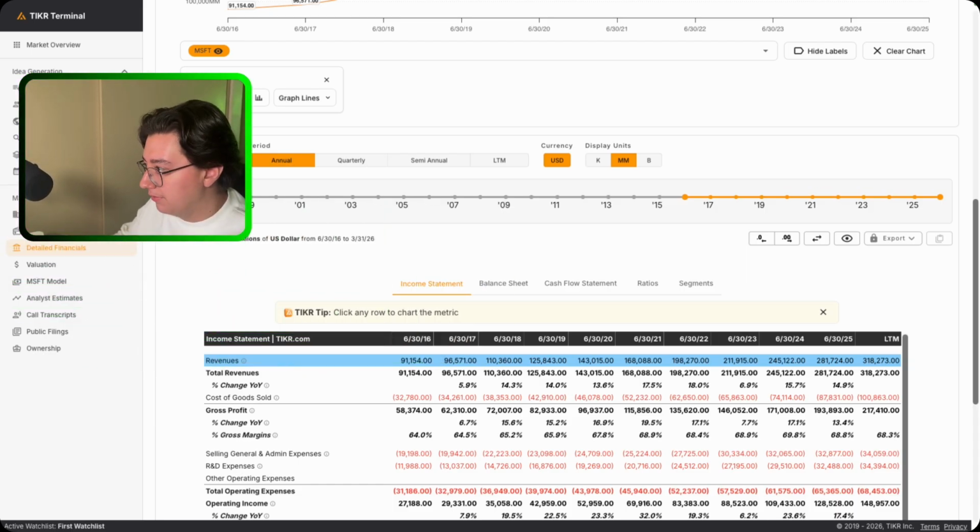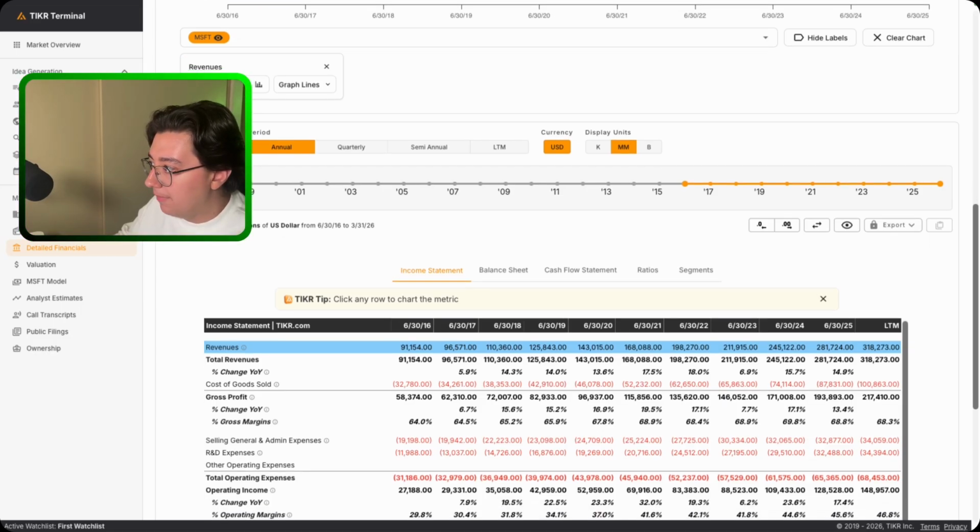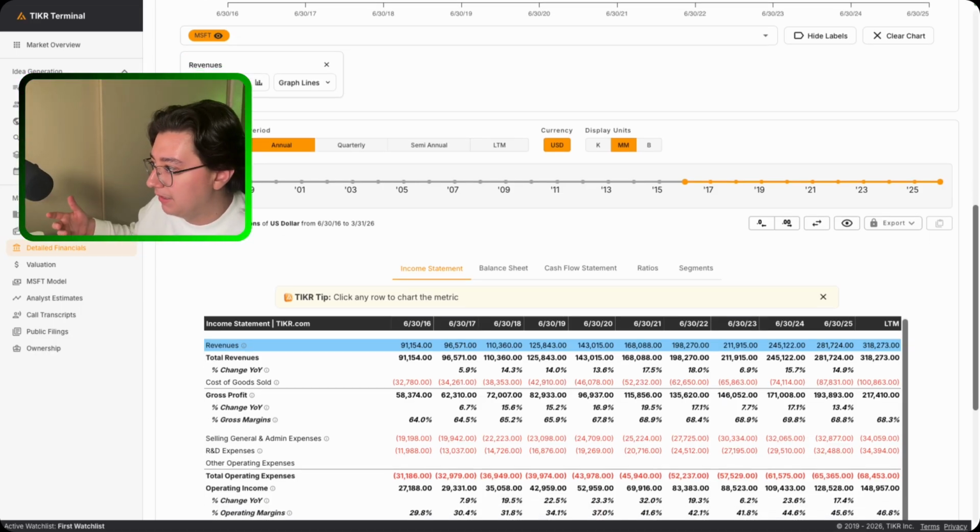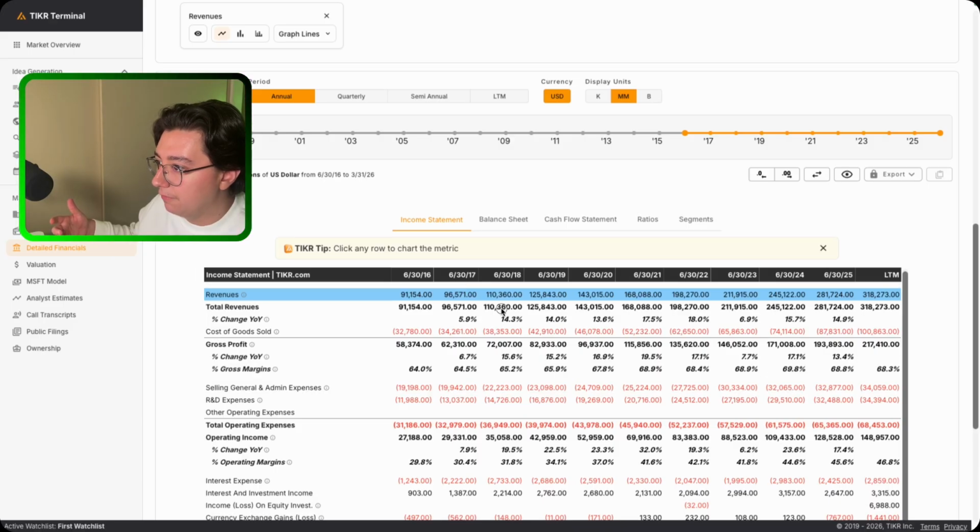It says revenues. Yes? So basically, revenues have steadily increased. We can also see how revenues have changed. For example, in 2017 they increased 5.9, 2018 they increased 14.3, 14 the next year, etc. And this is basically the income statement. That's why I'm telling you. Let me just come in here with revenues.